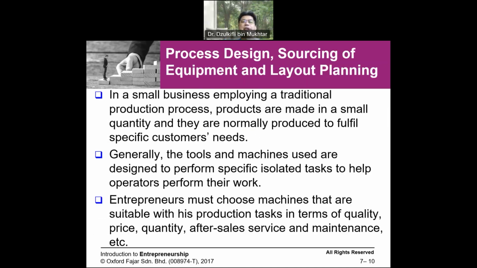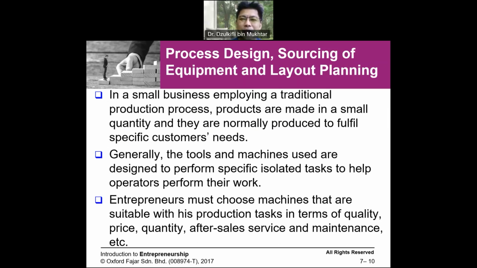Okay, a small business. Yang ni terkait dengan how you design the product and also layout of the premise. That's why ada certain, kalau kita tengok the best layout, I'm not sure the best lah, but sometimes they do a bit of analysis on the customer experience.